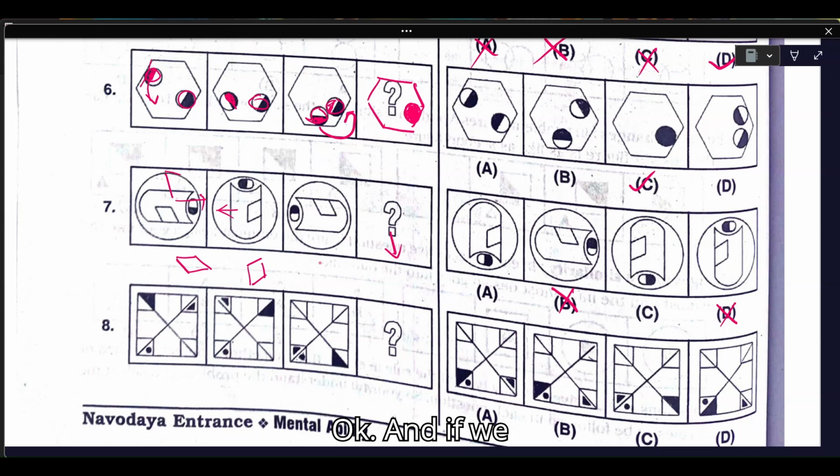Okay, and if we turn this upside, then how will it look? This will be looking like this, right? Okay, so in these cases it should be left side, right, but in A it is on the right side, so we will be eliminating A and we will be selecting C.